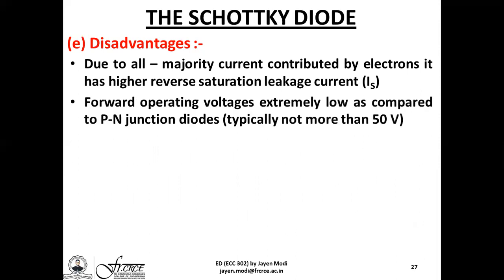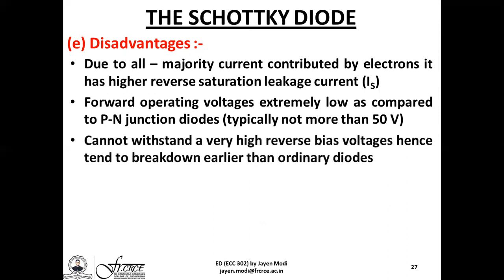The forward operating voltages are extremely low as compared to PN junction diodes, typically not more than say 50 volts. They cannot withstand a very high reverse bias voltage and hence they tend to break down earlier as compared to ordinary diodes. The reason is that Schottky diodes also tend to conduct current when they are reverse biased.